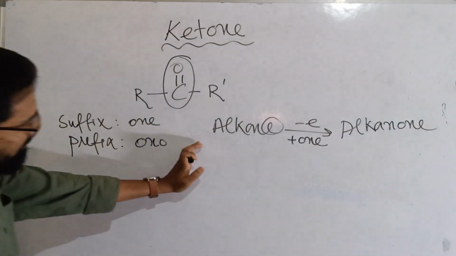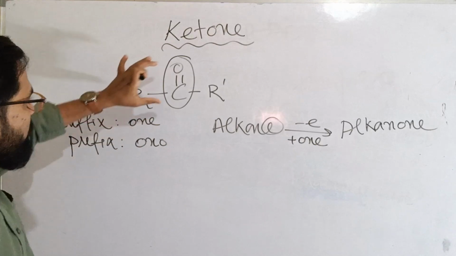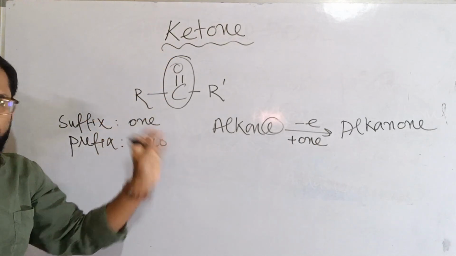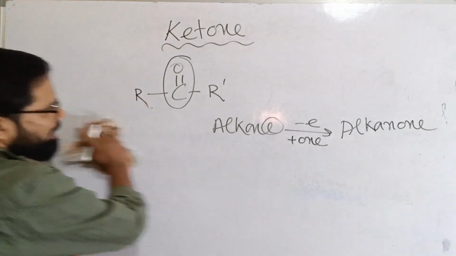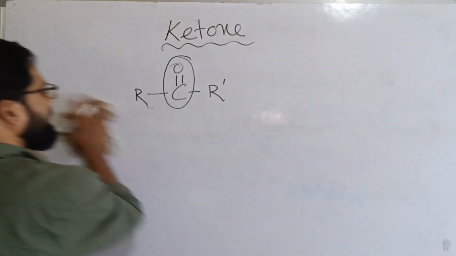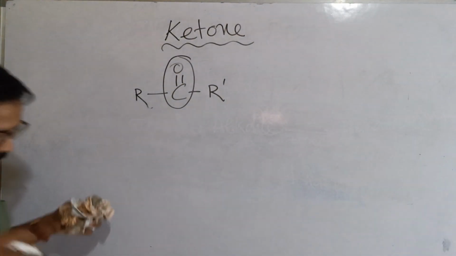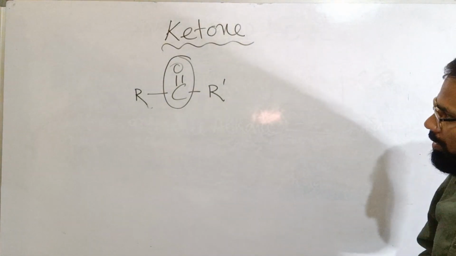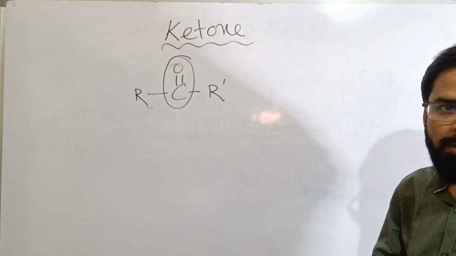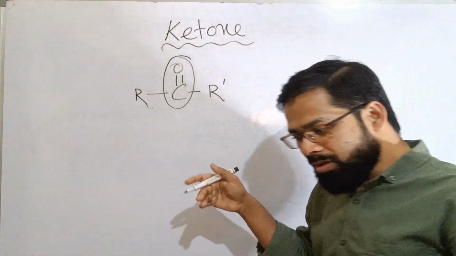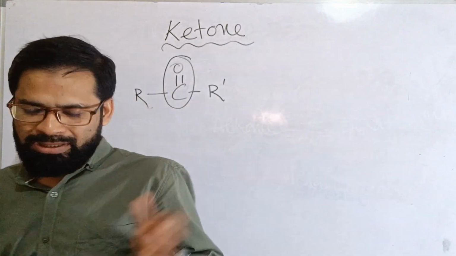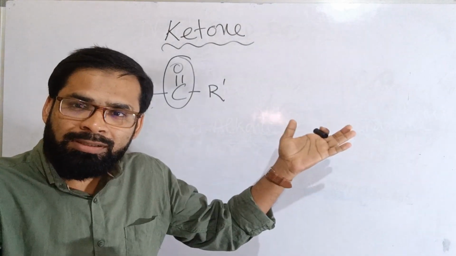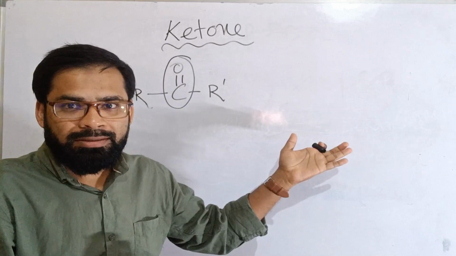Here another thing, you have to mention the position of the functional group. So if we see the example, in case of ketone, what will be the simplest ketone? In case of aldehyde, we saw single carbon formaldehyde, and single carbon carboxylic acid.